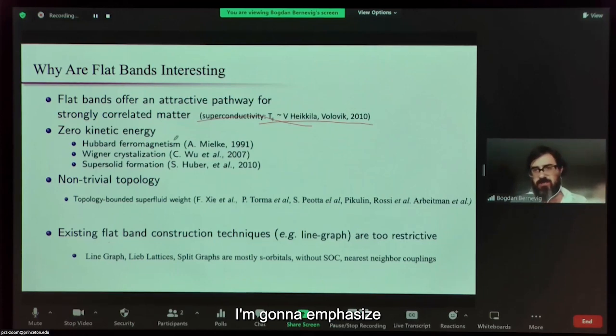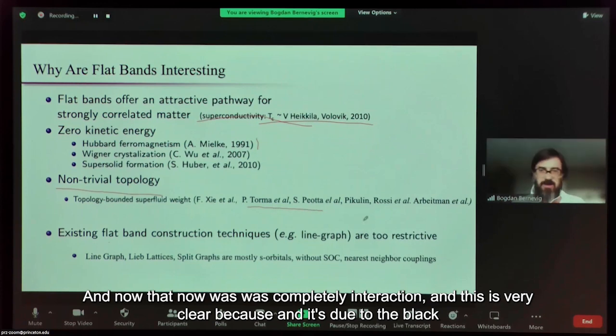And then, of course, there have been many other works that look at interactions added on top of the zero kinetic energy flat band. The seminal ones are Mielke, and then Tasaki and others, but only very recently, starting with the seminal paper of Päivi Törmä and her Finnish collaborators, it was shown that topology actually plays a big role in these flat bands.